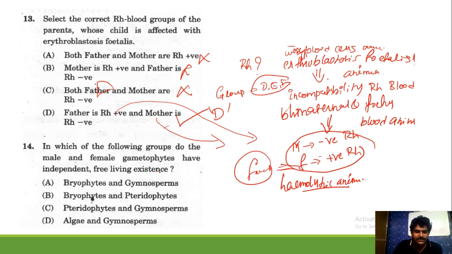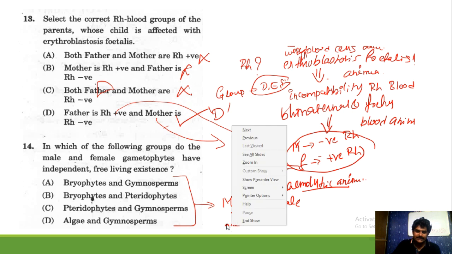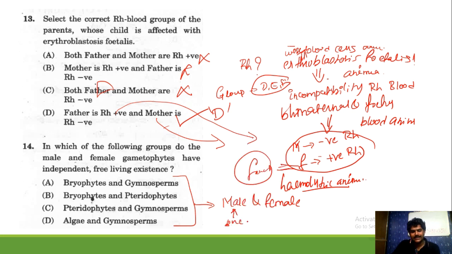Independent existence means that as male and female they are independent. In one plant there will be only male, and in another plant only female. That means they are unisexual, that is dioecious.